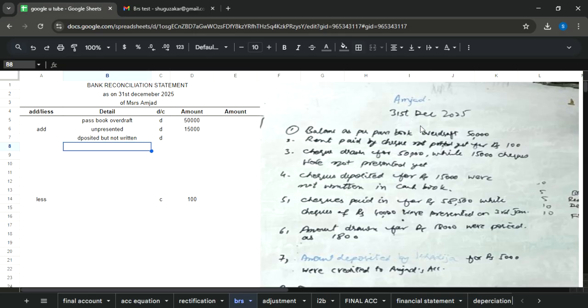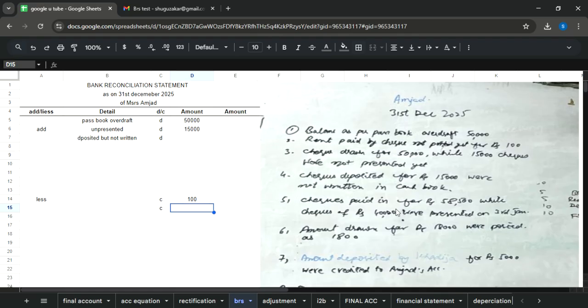So it means checks which were cashed on 3rd January were not actually cashed on 31st December. Not cashed means an amount of 40,000 was uncashed. As you know, deposited checks, when uncashed, should be written on the credit side. So you will choose credit, and here how much amount? 40,000 were cashed on 3rd January. In other words, they were not cashed on 31st December. Checks paid in, uncashed, that should be credited.